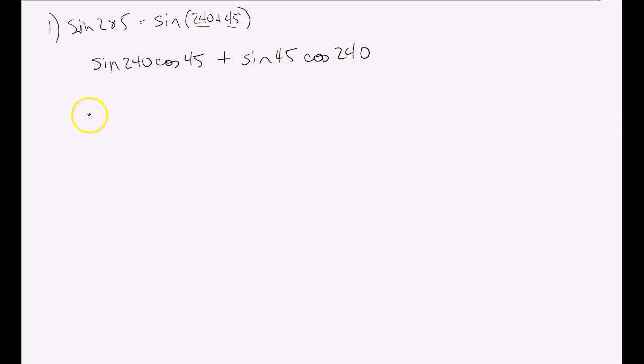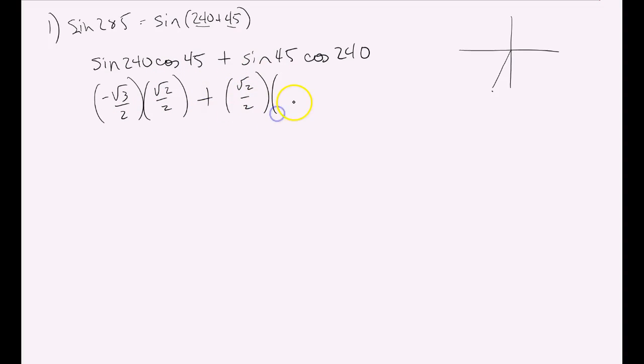So the sine of 240, now I'm doing this without a unit circle, so it's going to take me a little longer. 240 is right there, and the y value right there is going to be the square root of 3 over 2, but it's going to be negative. The cosine of 45 is that. The sine of 45 is that, and the cosine down here at 240 is a negative 1/2, I believe.